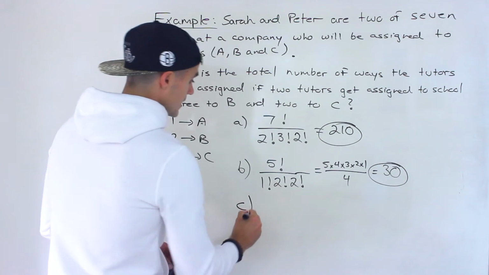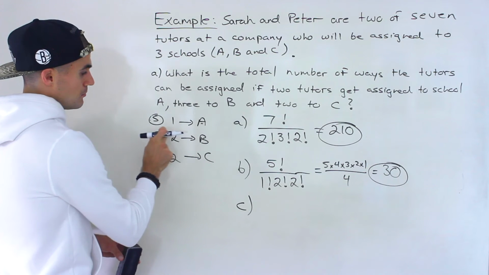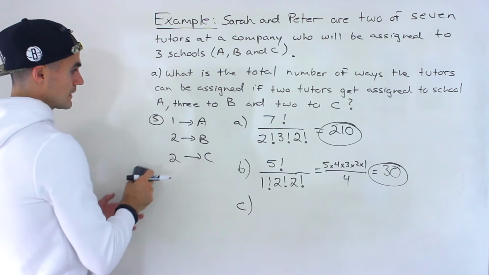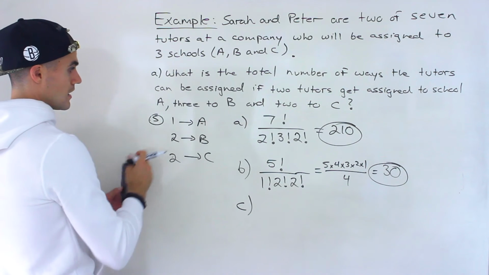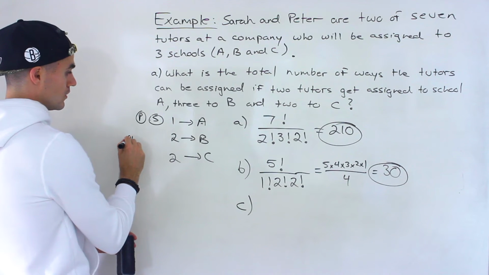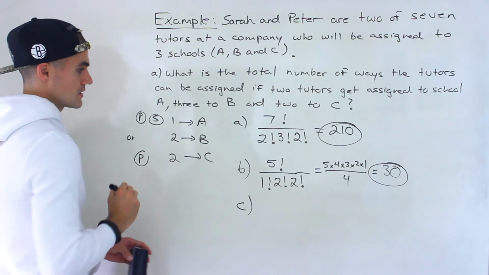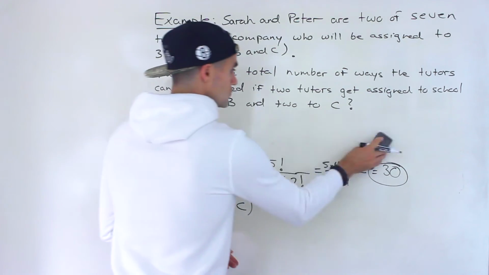Now in part C, we're told that Sarah is for sure going to A, but then we're told that Peter can either go to A or he can go to C. And so in this case, we're going to have to look at 2 different cases.